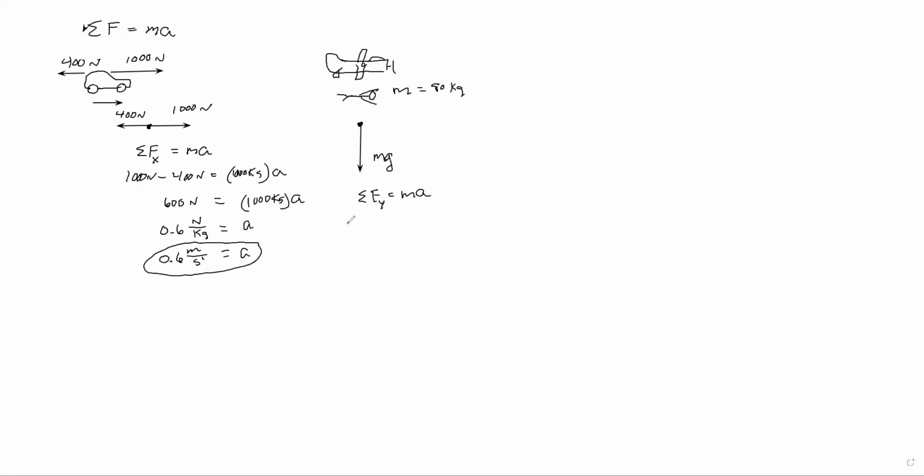The overall force is minus mg equals ma. You can see the masses cancel out, and the acceleration is negative g. So that proves that when things fall, they fall with an acceleration of negative g, or negative 10 meters per second squared.